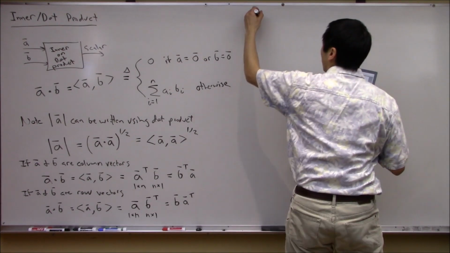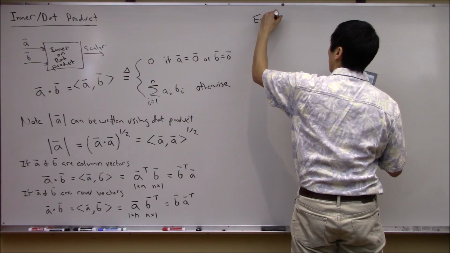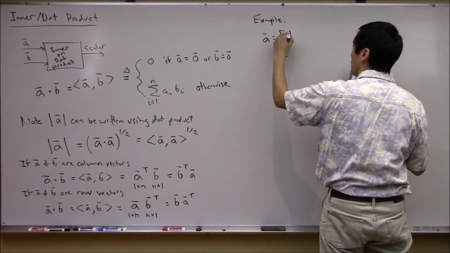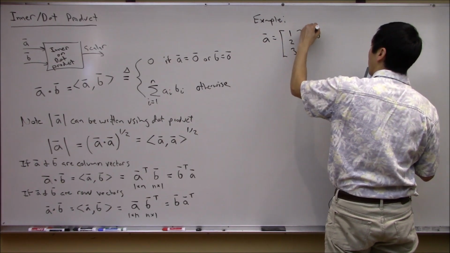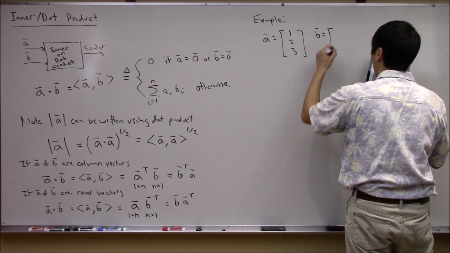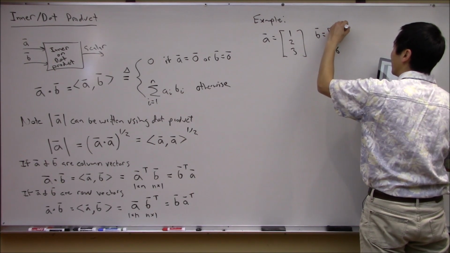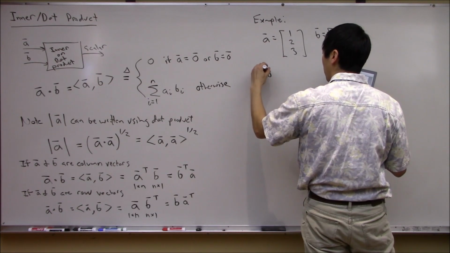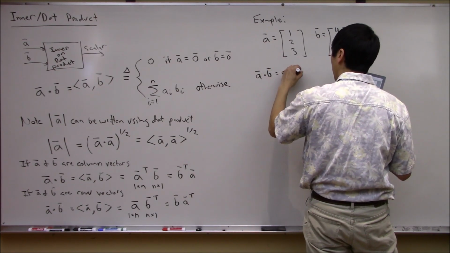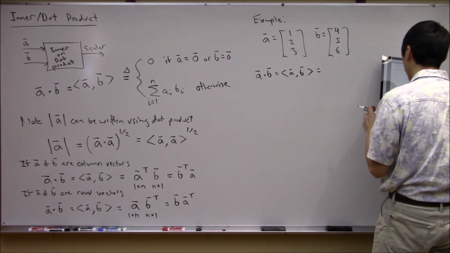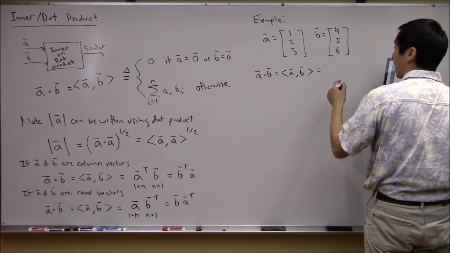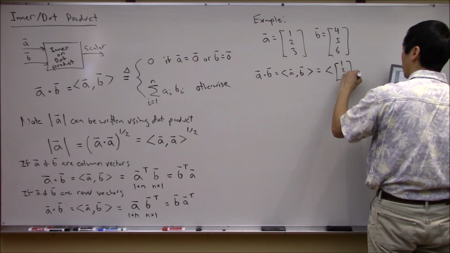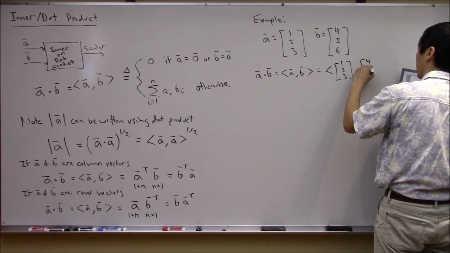So let's go through another example with concrete numbers so we're all on the same page. Let's consider A, the same thing we did earlier, 1, 2, 3. And B, let's make it kind of boring. How about 4, 5, 6? Then A dotted with B is nothing more than, well, A is 1, 2, 3 and B is 4, 5, 6.